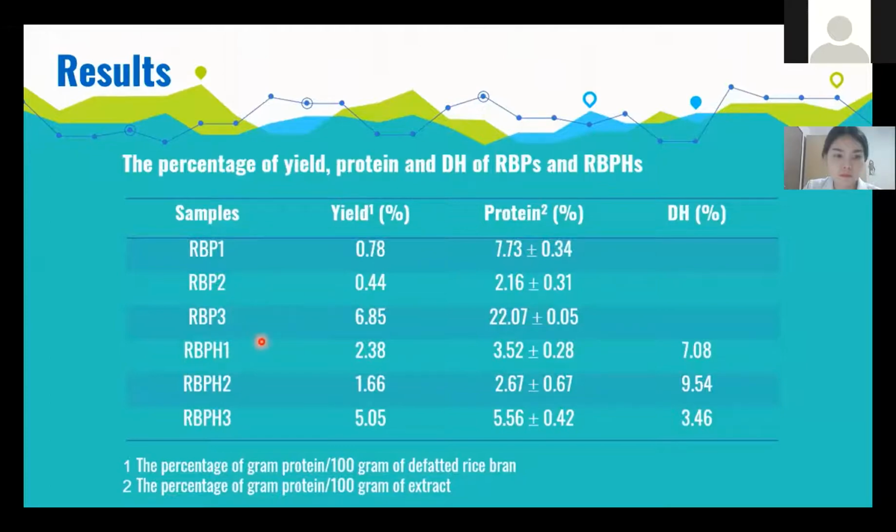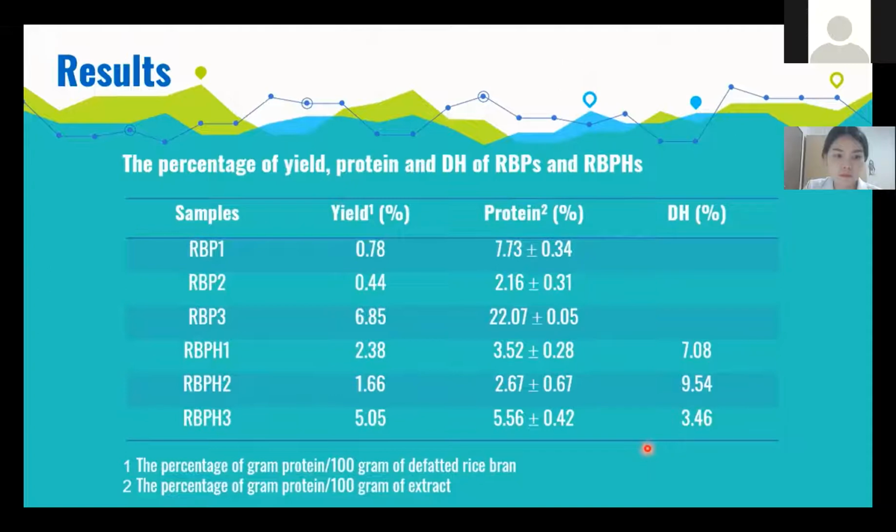After hydrolysis, the RBPH1 and RBPH2 showed increasing percentage of yield at 2.38 and 1.66% respectively, and RBPH3 showed a slightly decreased percent yield at 5.05%.